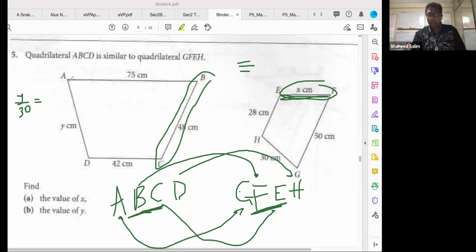Y over 30, I'm taking the bigger one over the smaller one is equals to, let's say, 75 over 50. But if you're going to put 30 over y, can. But remember to put the 50 on top. Why? Because you are taking smaller to bigger. So your next ratio must be smaller to bigger.